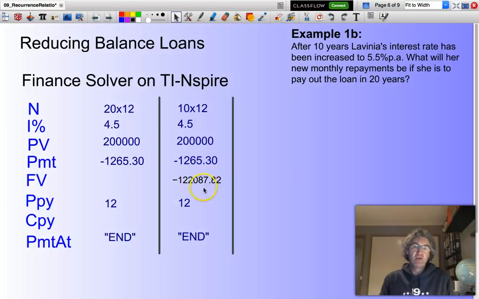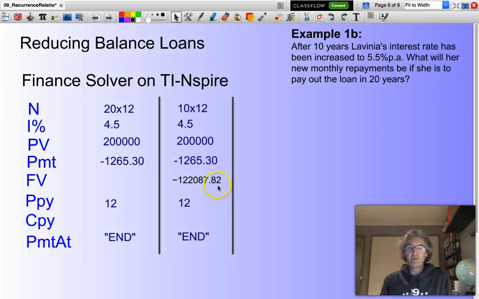In other words, after 10 years, Lavinia owes $122,087.82.